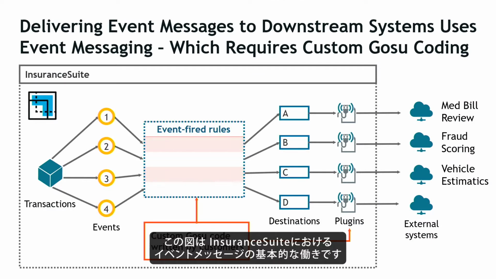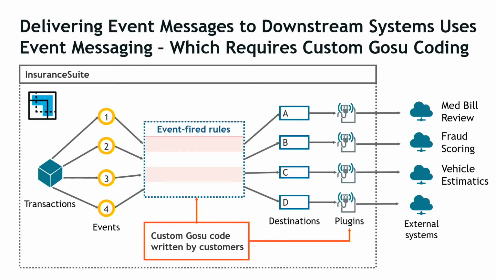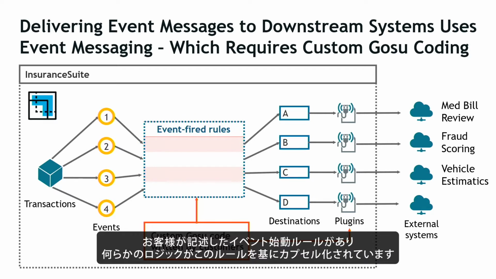So this is how traditionally event messaging has worked in InsuranceSuite. If you read this left to right, you can see what the data flow is. Here we have the transactions happening in InsuranceSuite, events fire, and then there is some logic which is encapsulated by customer-written event fired rules.